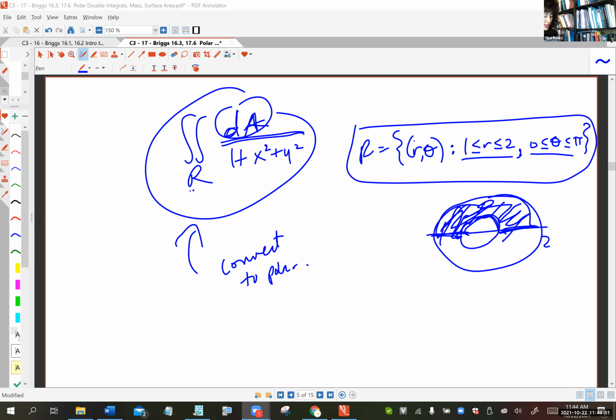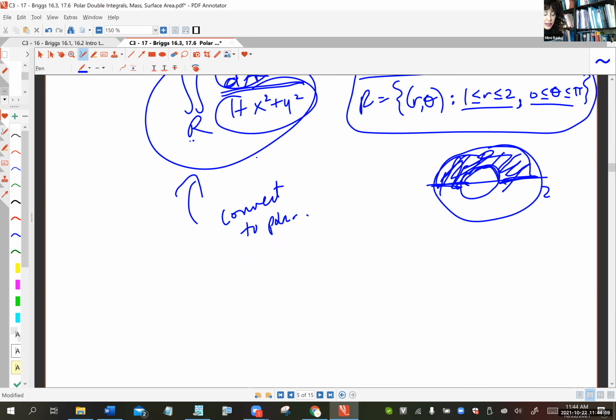So the thing that you want to do is you can convert this capping surface, if you will, the integrand, to polar. Now you could put r cos theta in place of x, and then r sine theta for the y, and that will work.